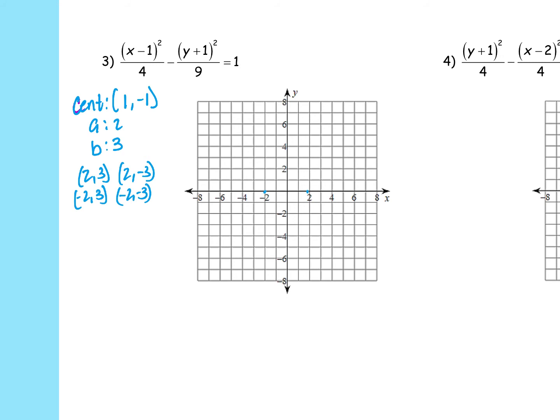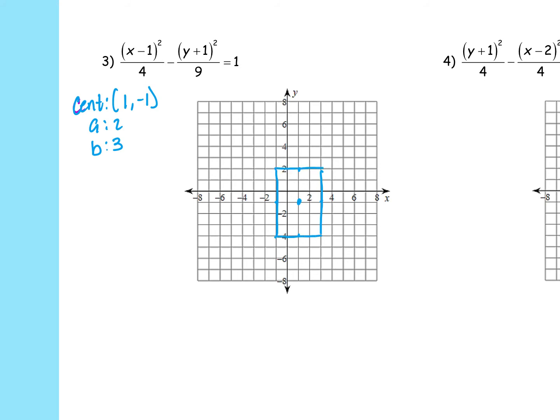Oh, that is so not where they're going to be because my center is not (0, 0) anymore. Okay, let's put the center in first. (1, -1), and then 2 over, 1, 2, and 1, 2, 3 up. Totally messed that one up, didn't I?